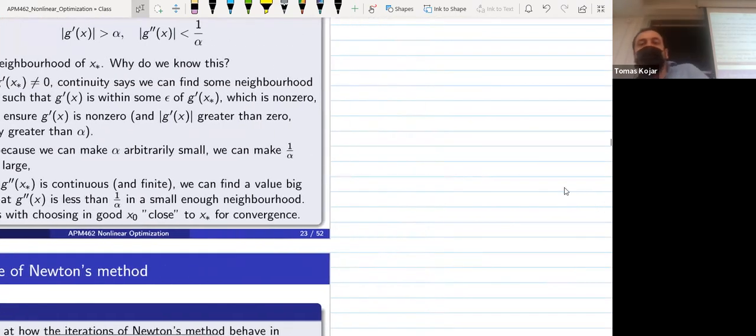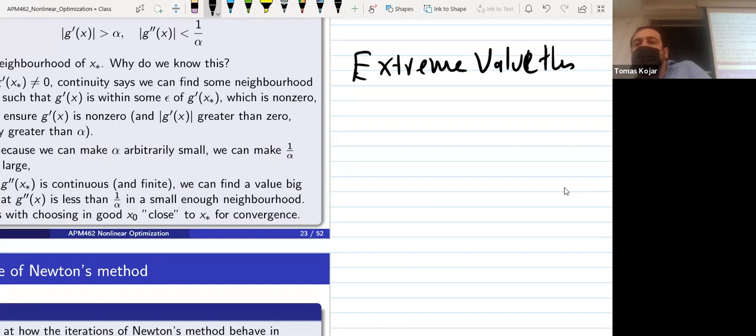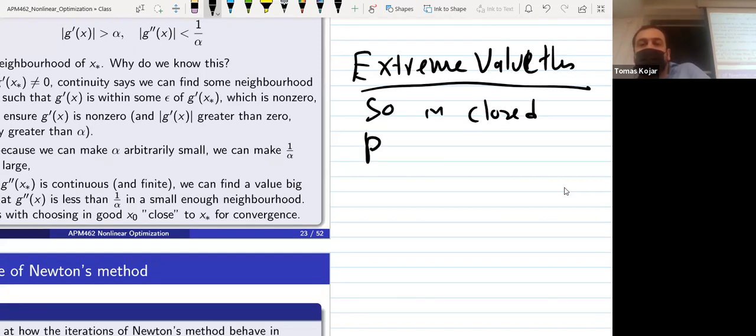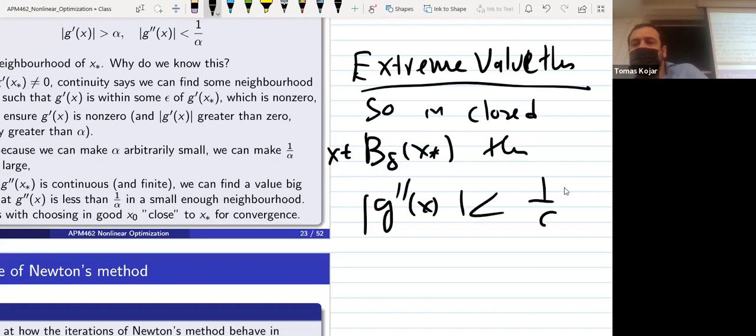You use what is called the extreme value theorem. In the closed neighborhood, B delta of X star, the G double prime of X is bounded by 1 over alpha.